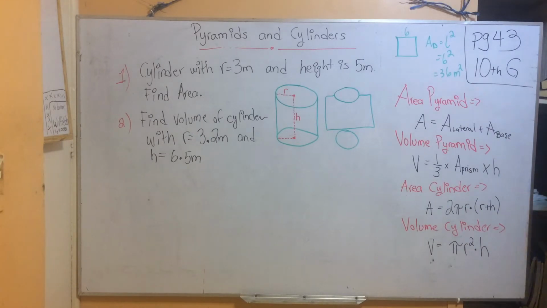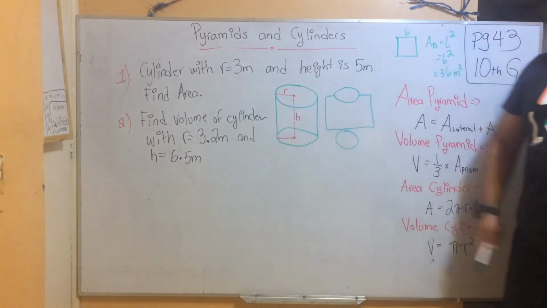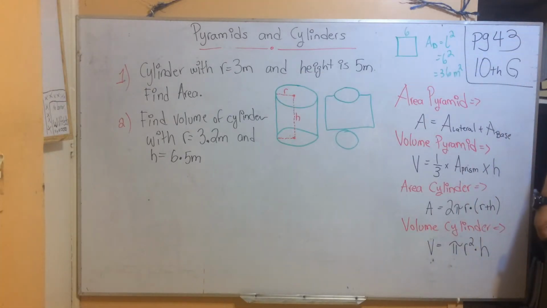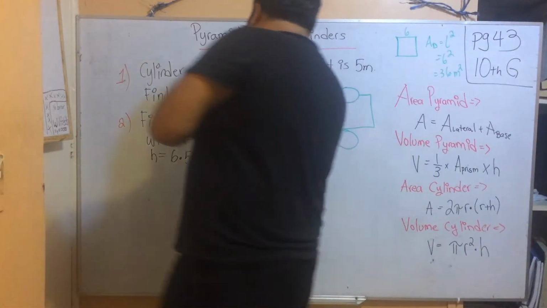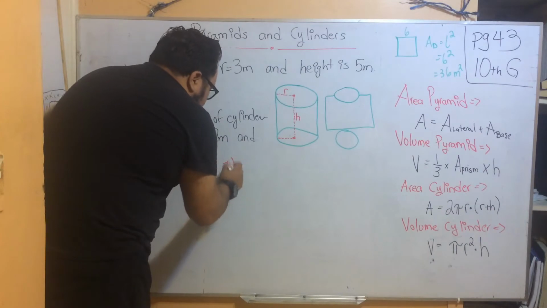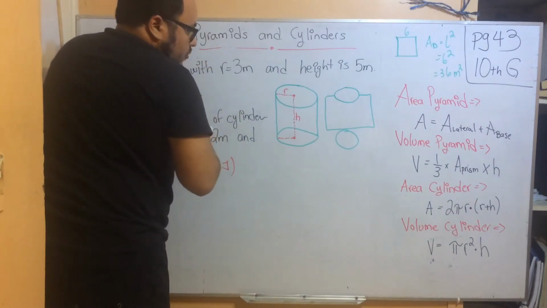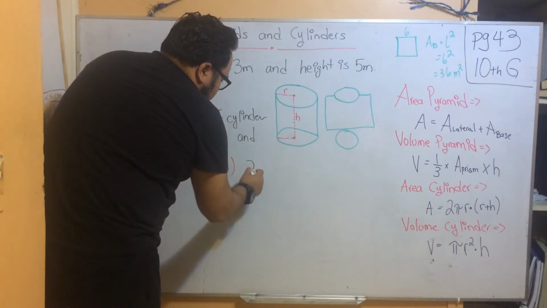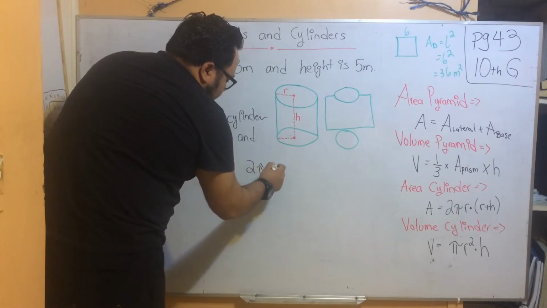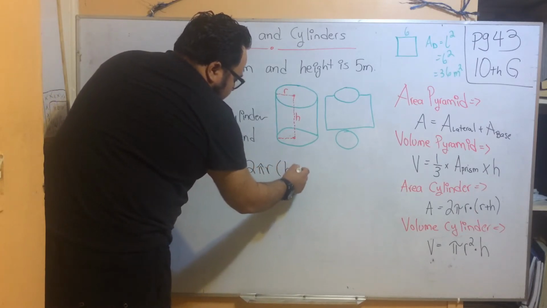The first exercise that they give us is a cylinder with radius 3 meters and height 5 meters. Find the area. So we put it in the formula. The formula is 2 pi r times h plus r.